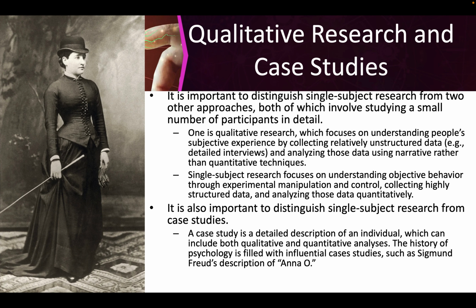The history of psychology is filled with influential case studies, such as Sigmund Freud's description of Anna O, which he actually didn't counsel. He wasn't a counselor in that case. It was his partner Breuer that did the counseling. She had hysteria, what they referred to as hysteria.